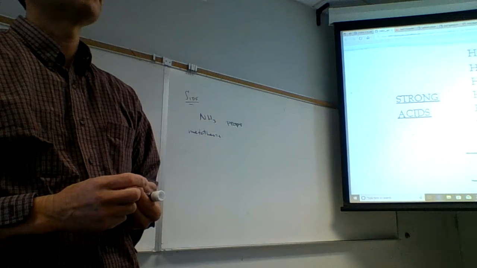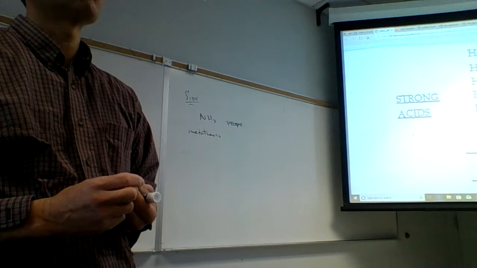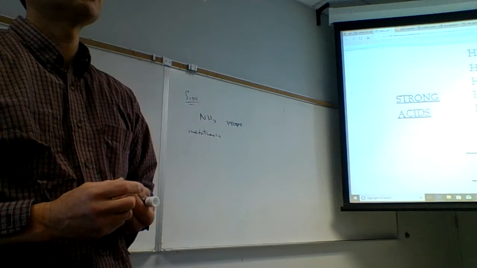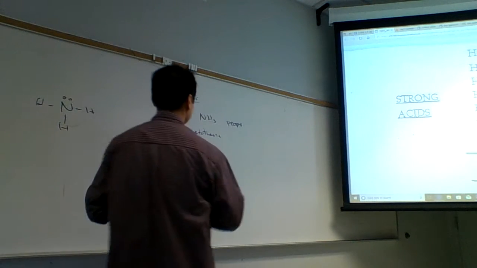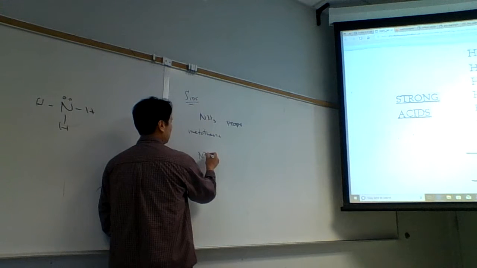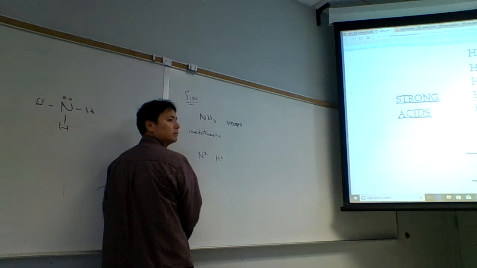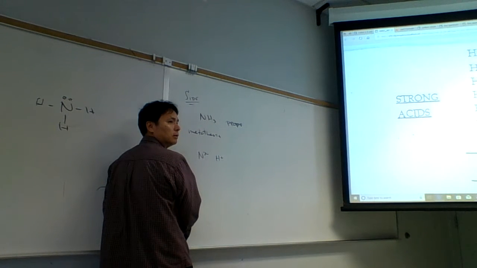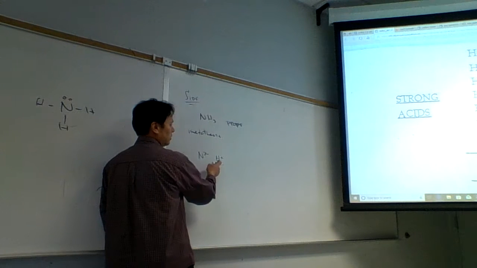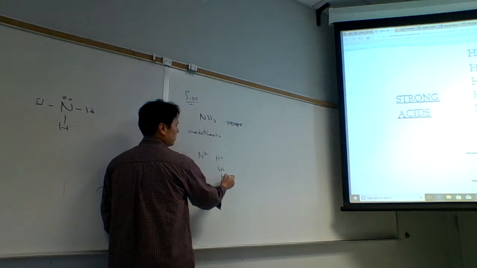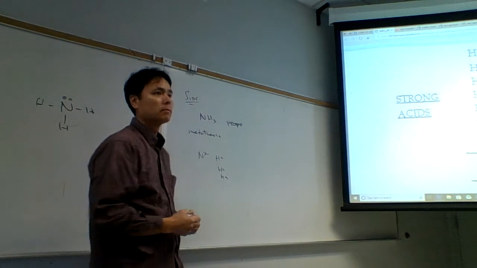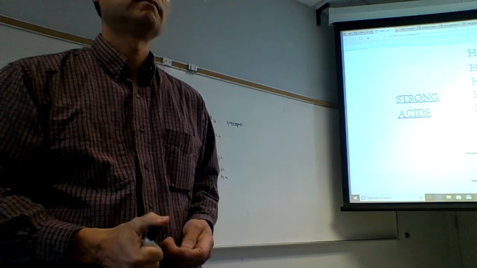Is it 3 plus or 3 minus? It's 3 minus. We would assign nitrogen. So would we have A is nitrogen 3 minus and B is H plus? Is that our AB? We're going to have 3 of them. They're all the same. Is that our AB?